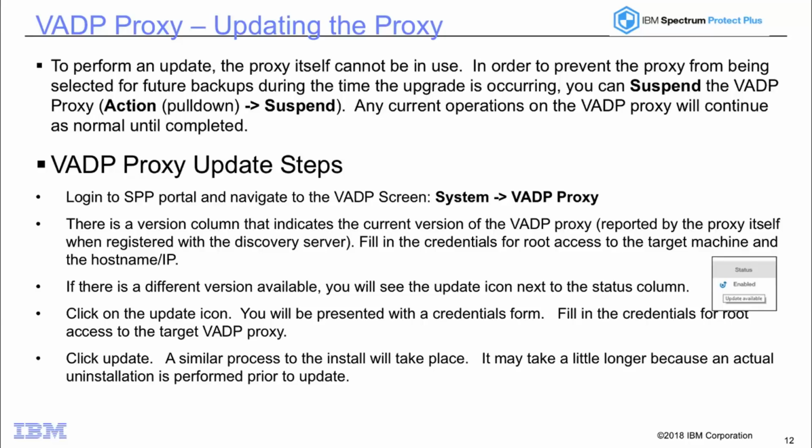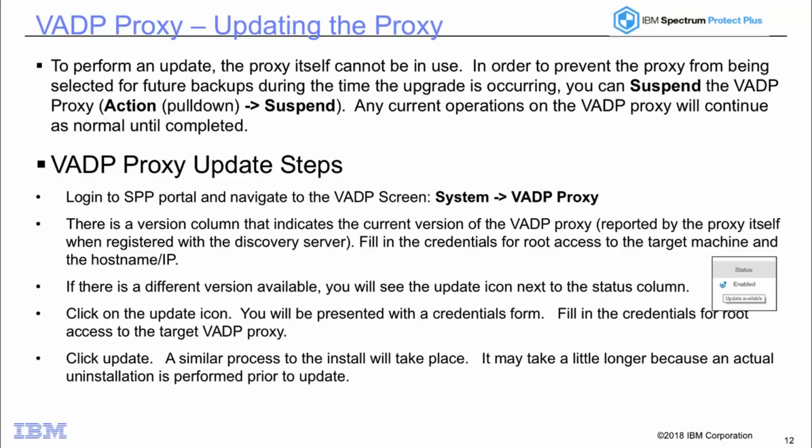In addition to doing the initial installation of the VADP proxy, we will also allow you to update proxies. As we continue to push out new versions of Spectrum Protect Plus, you'll be able to go out and update the proxy version. What you have to do is stop processing on the proxy by doing a suspend on the proxy.